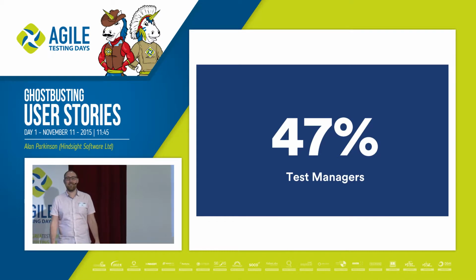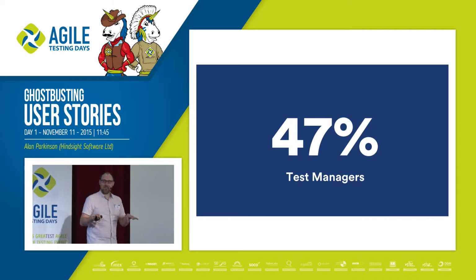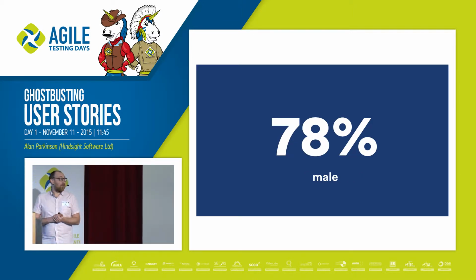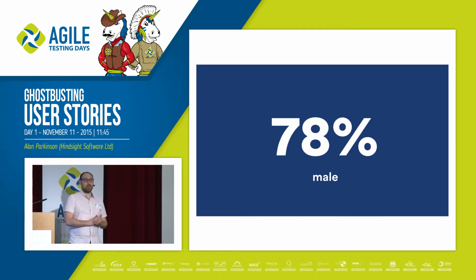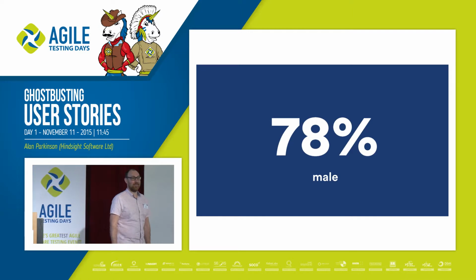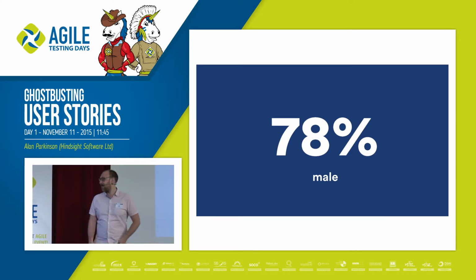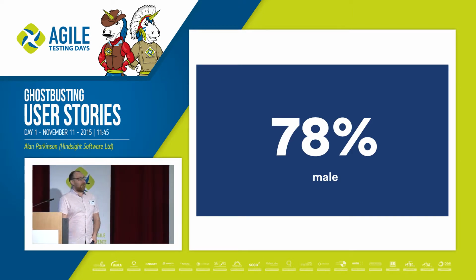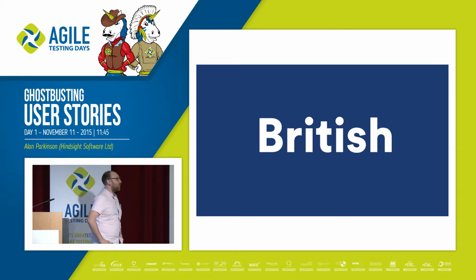Okay. That stat might be on. That's interesting. Okay, so the next one is gender. Unfortunately, 78% are male. So if you're female, I'm afraid you're going to have to sit down. Really bad statistic. And the country of origin, the largest country of origin for attendees, is Britain.